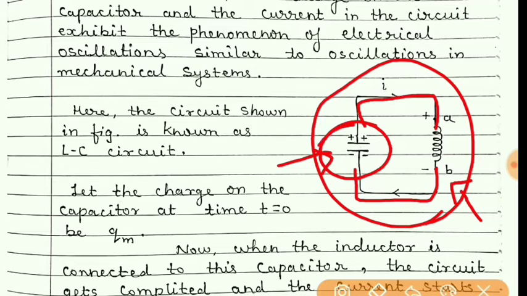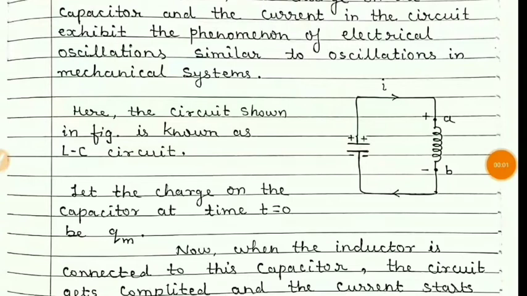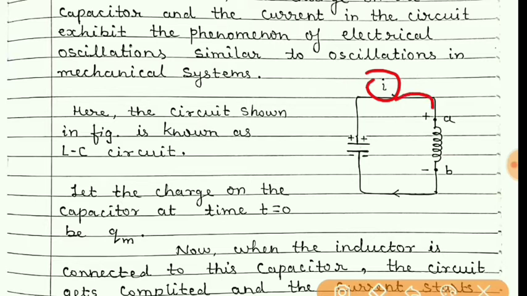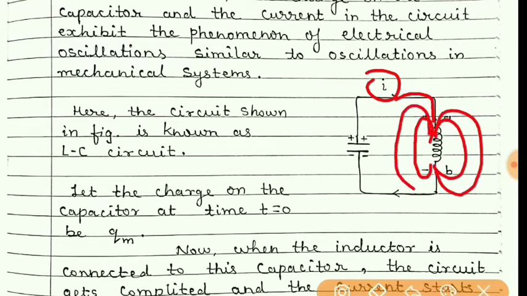So as this charged capacitor is connected to an inductor, what will happen? As soon as it is connected with an inductor, the charge will flow through the circuit, and so we get an electric current. This electric current will flow through the inductor and we get a magnetic energy associated with an inductor.